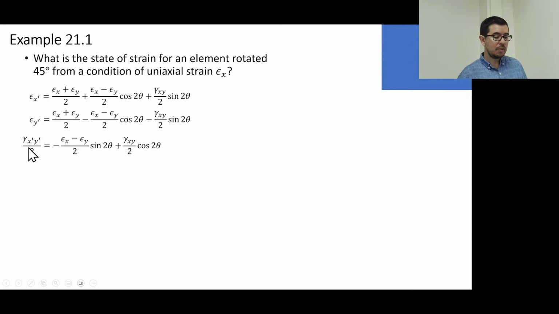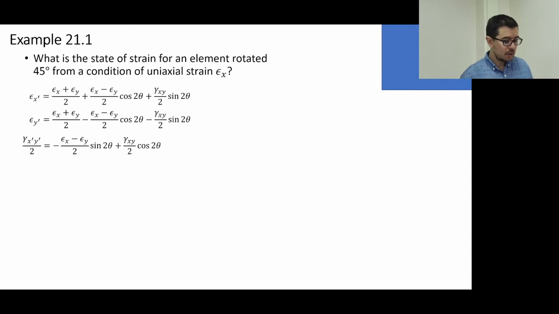So we have gamma x prime y prime over 2, and then we got our negative of this guy, but epsilon y was equal to 0, so it's going to be half minus epsilon x over 2. That's going to be half. Sine of 2 times 45, that's 1. Okay, so we keep this. Cosine of 2 theta goes bye-bye. But gamma xy was 0 anyway, so it didn't really matter.